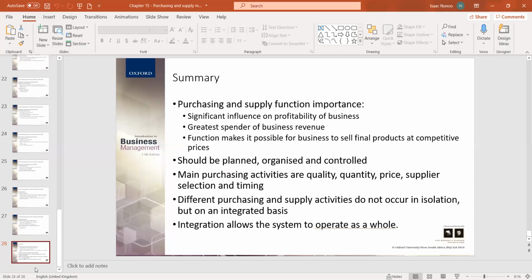We have talked about when to buy, the right timing to purchase, the seasonal movements, keeping inventory low, the process of buying something for a business, and the coordination that the purchasing and supply manager should have with other departments. We've talked about all those things.